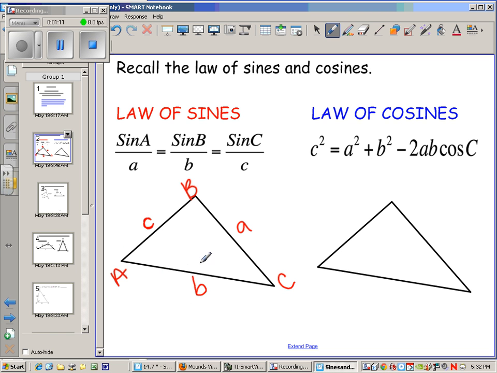Whereas the law of cosines now says, let's call this A, this B, same triangle.